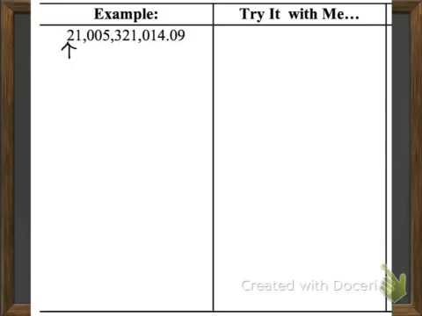The number 2, or the digit 2, is sitting in the 10 billion spot. So the value of that digit will be 2 times, and I can put a little times sign, 10 billion, which is the place value that it's sitting in.